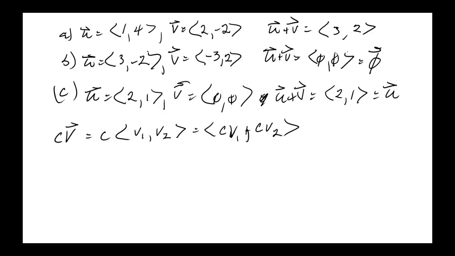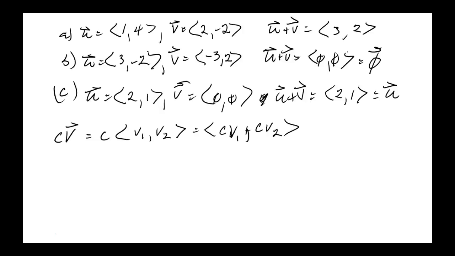If c happens to be negative, then you change the direction and also scale, depending on how big the absolute value of c is, scaling up in the negative direction, or if the absolute value is between 0 and 1, then you scale down by that amount. And the 2 figures in the text show this.